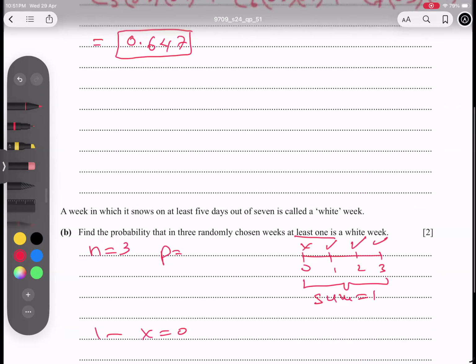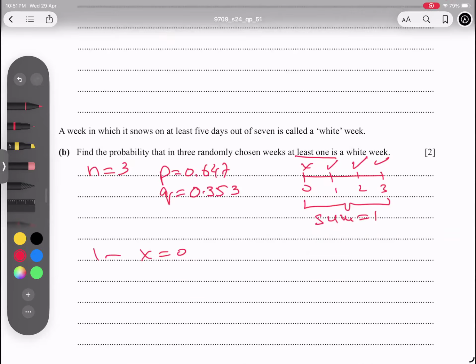Because we consider a white week, 0.647 is the p value, and q is 1 minus this, so 0.353, with n as 3. So I write 1 minus 3C0, with the power of q being 3 minus 0 and p to the power 0.